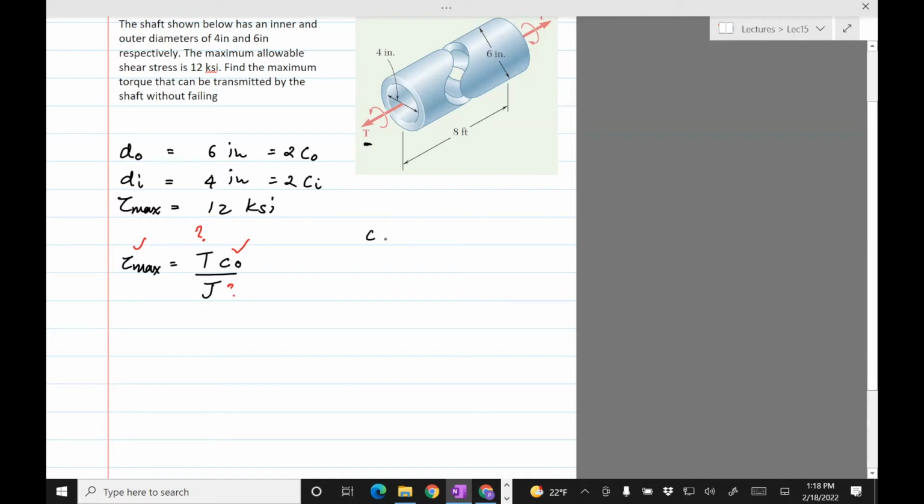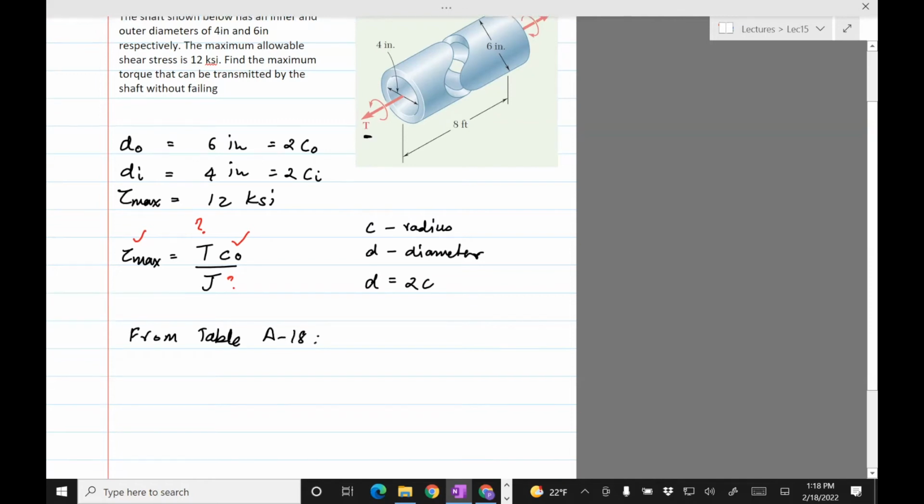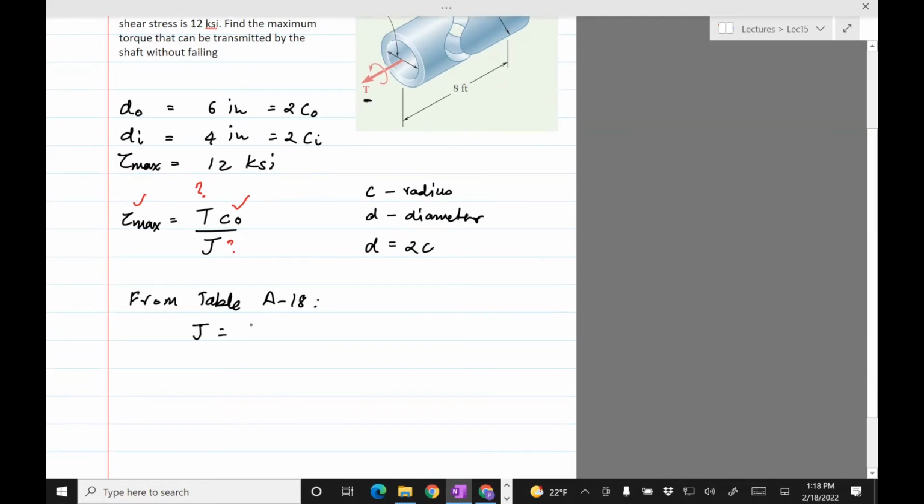Yeah, because C is radius, D is diameter, and so the diameter is twice the radius. Yeah, so from table A18, we have J equals pi D raised to 4 divided by 32.